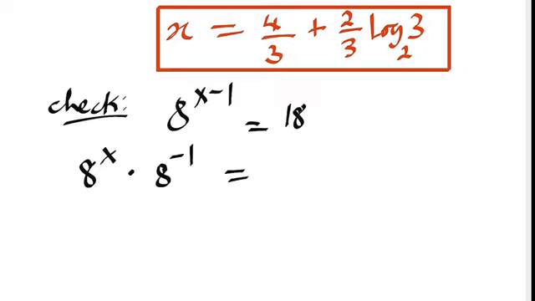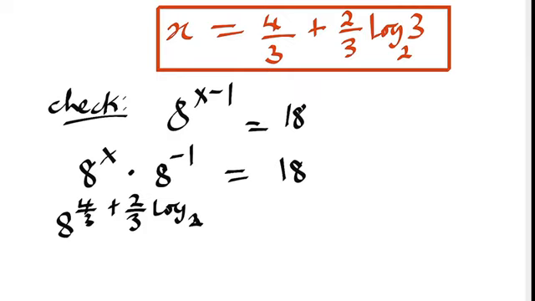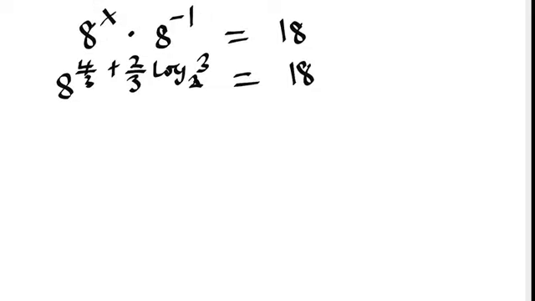We can split it like that from the law of indices. So we're going to have 8 to the power of x, which is the same thing as 4 over 3 plus 2 over 3 times log base 2 of 3, equals 18.